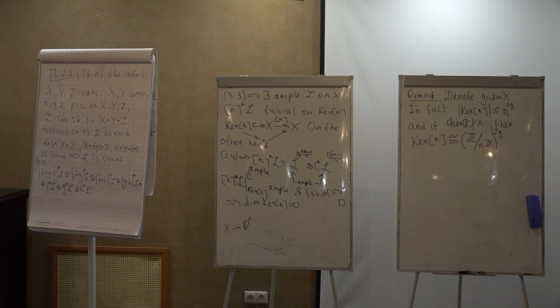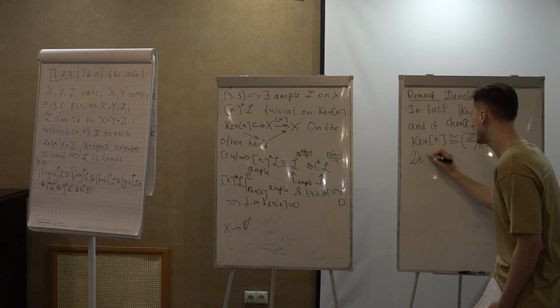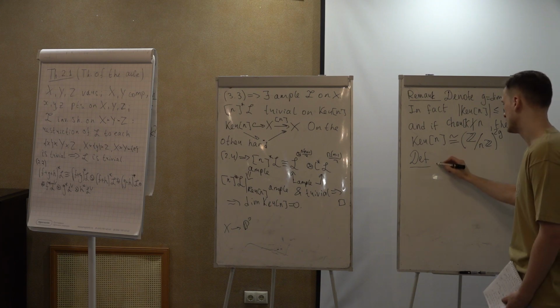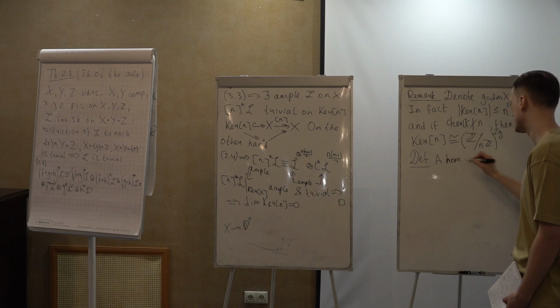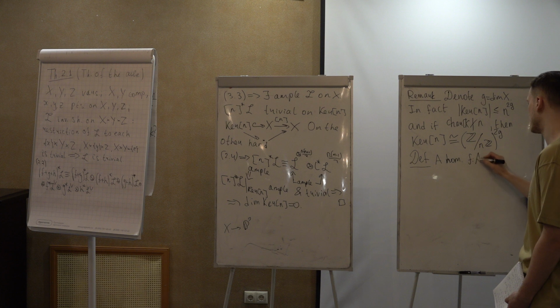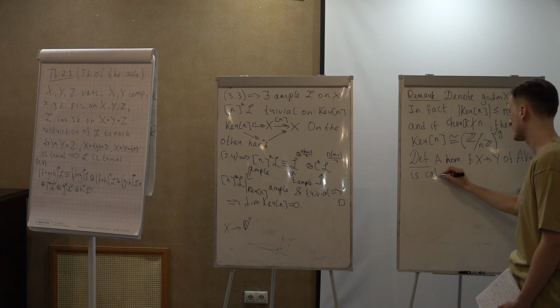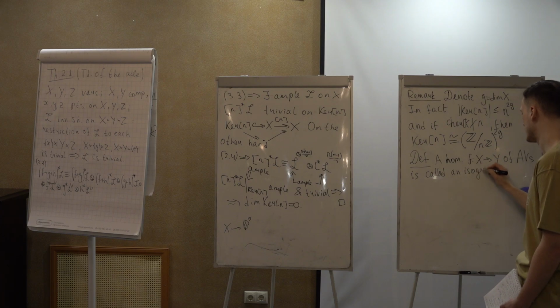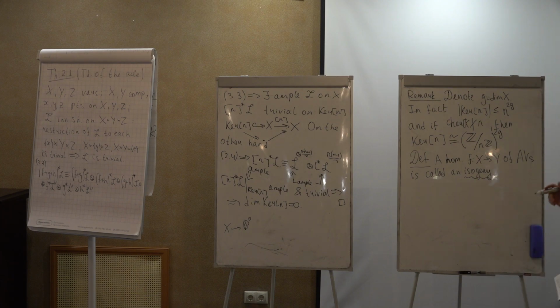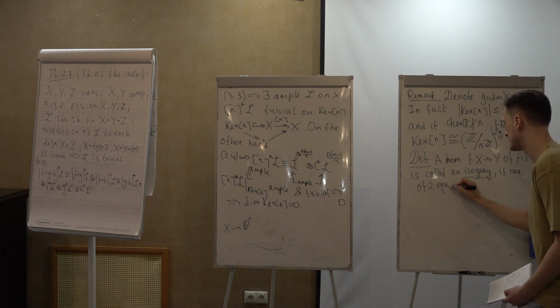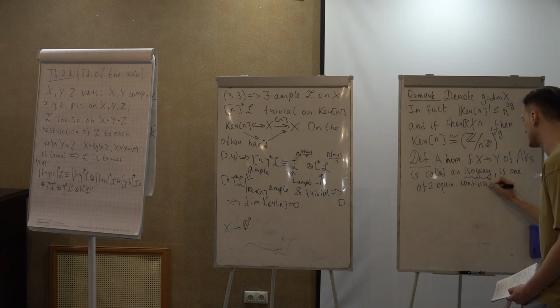Okay. And maybe a definition here. A homomorphism f from X to Y of abelian varieties is called an isogeny if one of two equivalent conditions holds.